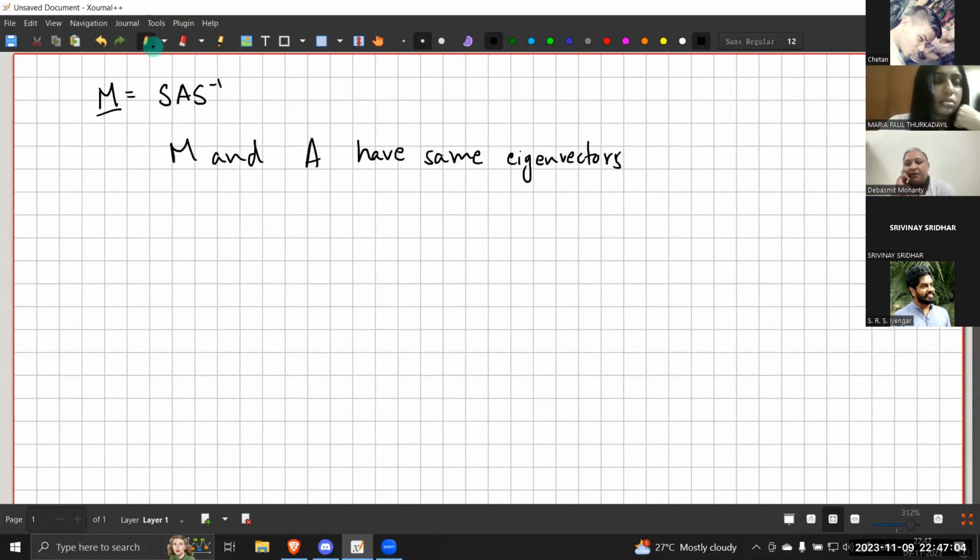And S and S inverse must have orthonormal properties as well, correct? No, that is in this case. It need not be true in all cases. If it can be expressed, we can verify that. So this is the general case, and your eigen decomposition is the special case of this.